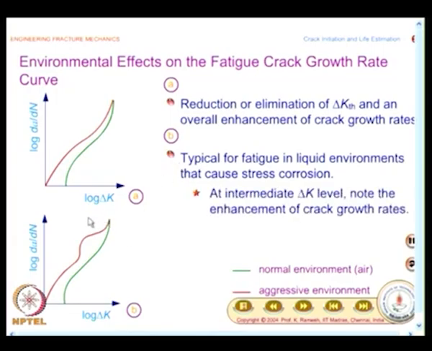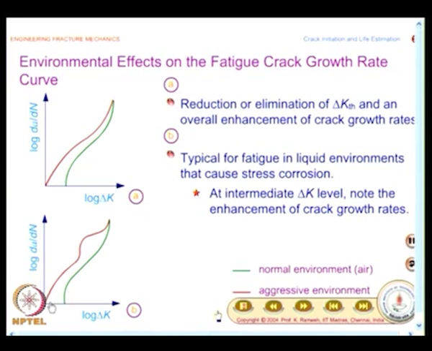In the case of graph B, it is observed in liquid environments that cause stress corrosion. Two things happen here. The delta K threshold is 0.